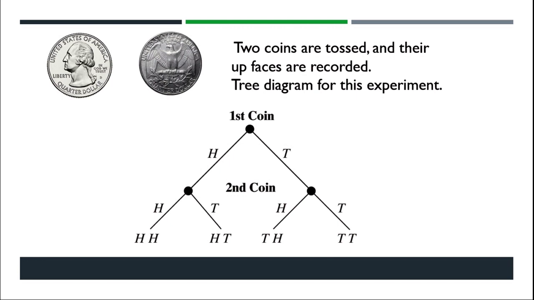Consequently, after tossing both coins, you can see that we have 4 sample points, HH, HT, TH, TT, where H in the first position means head on coin 1. H in the second position means head on coin 2, and so on.